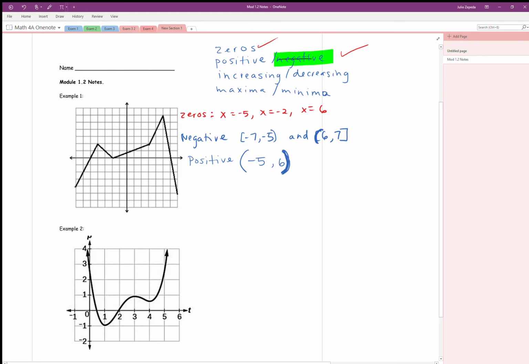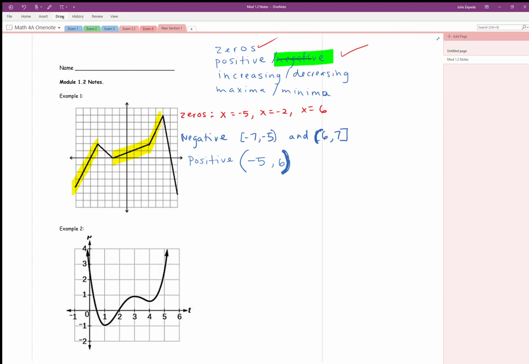So if I look on here, I'm going to go ahead and highlight these in yellow. It looks like it's increasing in this portion, and then again in this portion, this portion. Okay, and then the two parts that you see aren't highlighted in yellow, those would be decreasing.